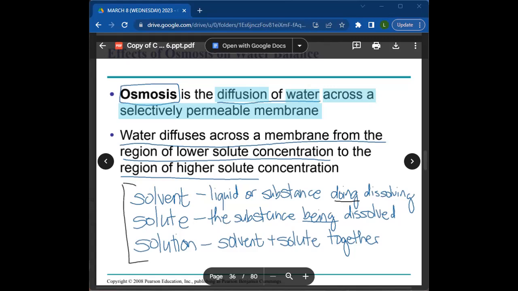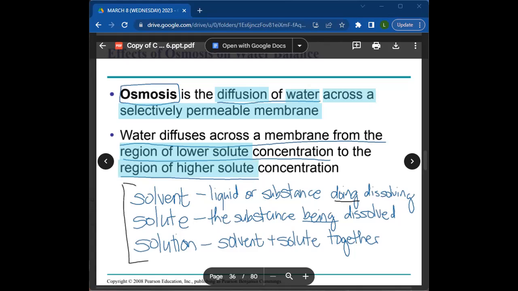Okay, so now let's take a look at how we know what direction the water is going to be moving. We need to know that water is going to move from a region of low solute concentration to a region of high solute concentration. And if you're confused thinking, what's a solute?